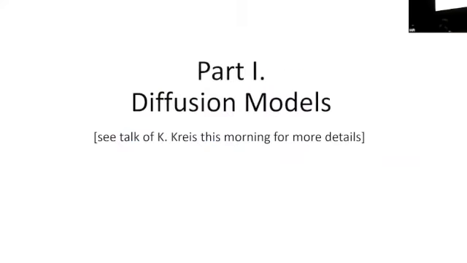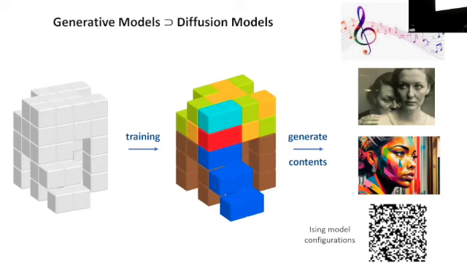Okay, so first part, as I said, we've seen a wonderful talk this morning, so I'll be super brief. We have heard that diffusion models are a subset of what's called generative models. The basic idea, how I think about it, is you have some architecture with some parameters, and after training, your parameters are fixed. You can start to generate content.